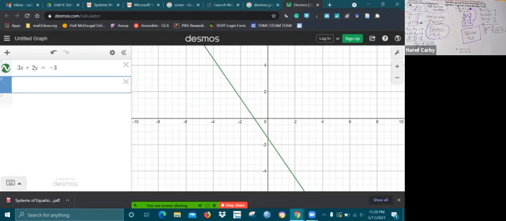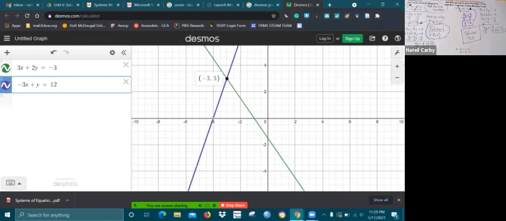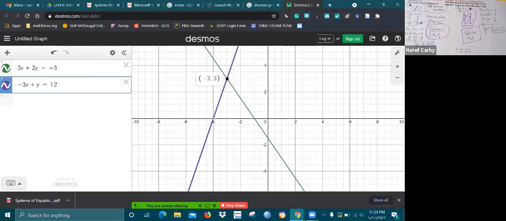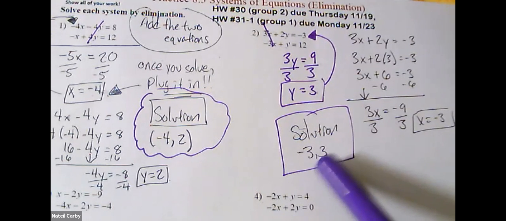Next one, negative 3x plus y equals 12. So my solution set is negative 3, 3. Boom. That's what I get when I work it out here.